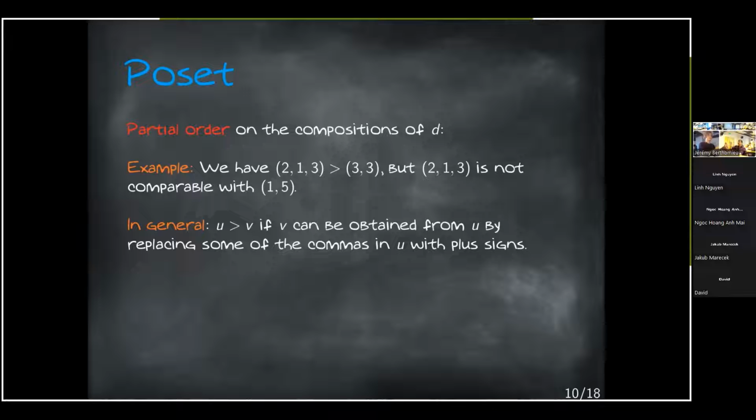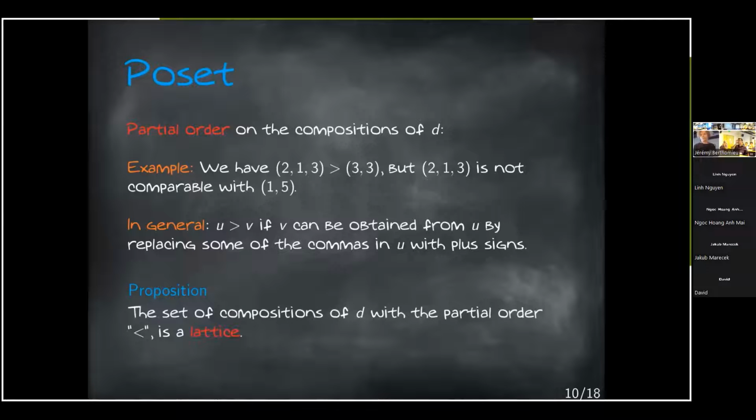Even if you were to quotient out the permutations of a composition and get partitions, the corresponding induced partial order, I think, is not the same. But it shares many properties. I think dominance implies this.